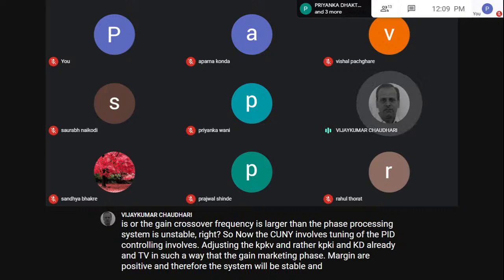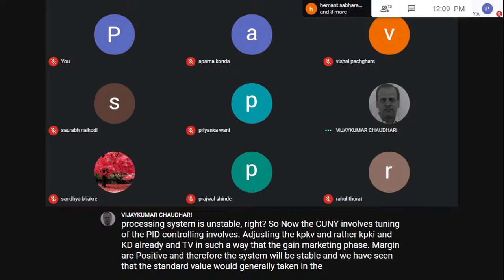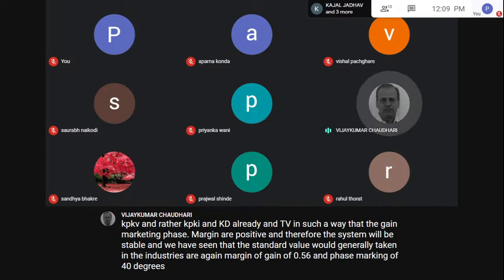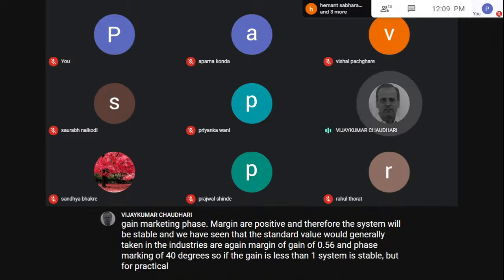And we have seen that the standard values generally taken in the industries are a gain margin of 0.56 and a phase margin of 40 degrees. If the gain is less than 1, the system is stable, but for practical purposes the criterion taken is 0.56 gain margin.